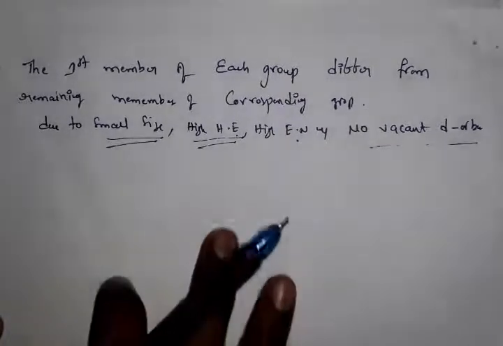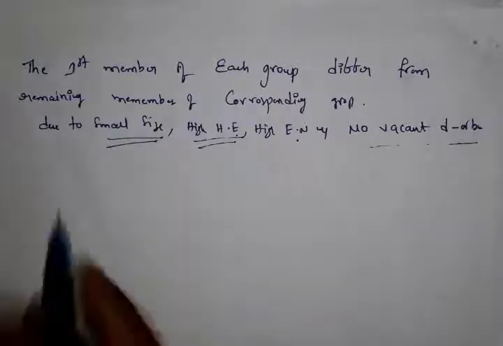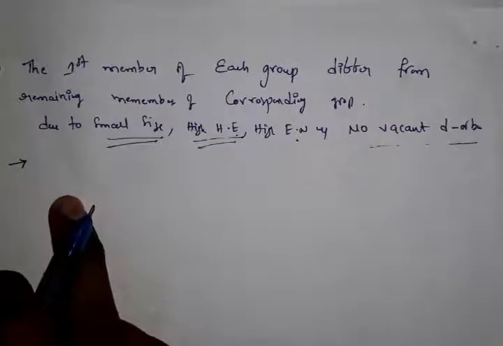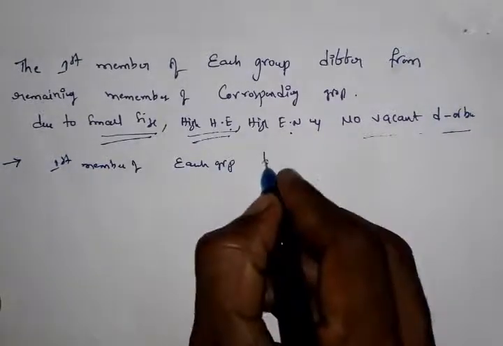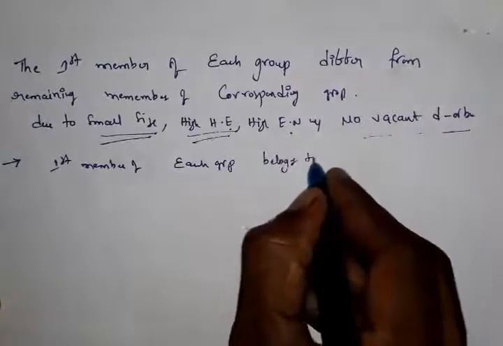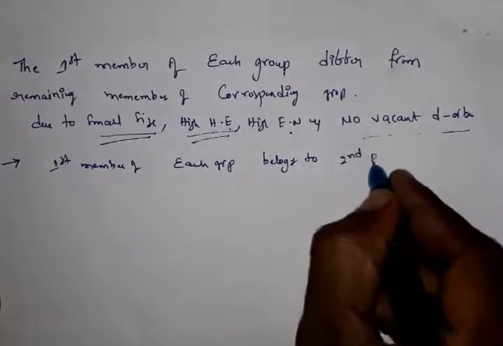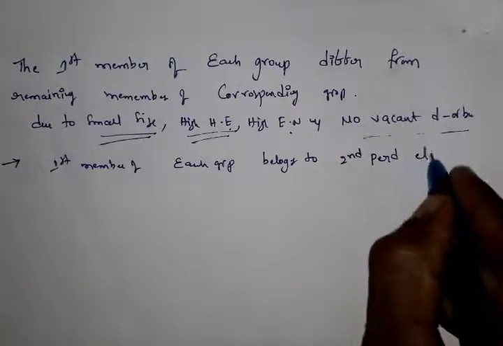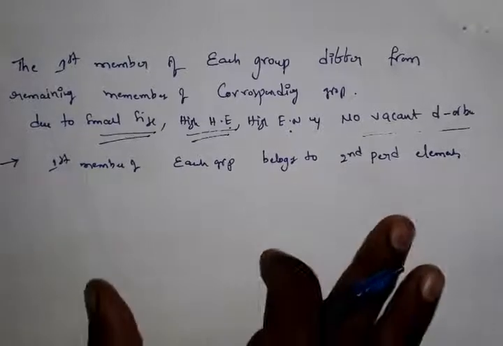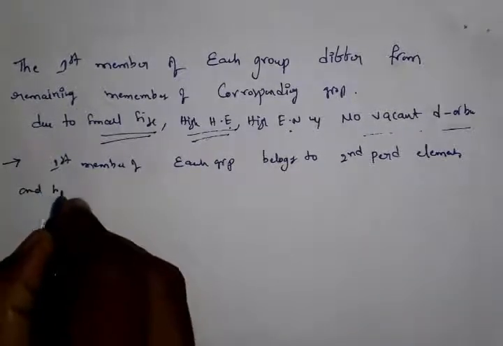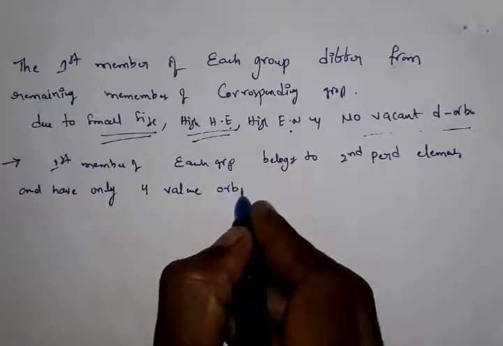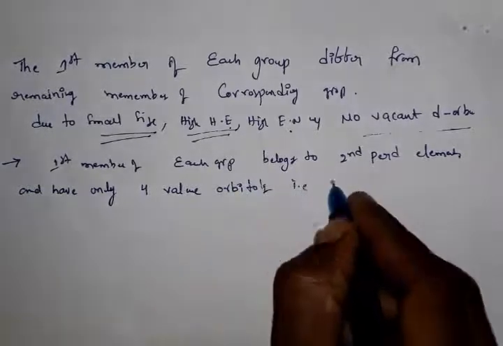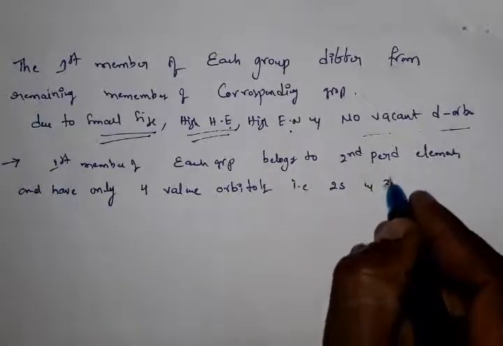So the first difference is that the first member of each group belongs to the second period elements and has only 4 valence orbitals, that is 2s and 2p orbitals.